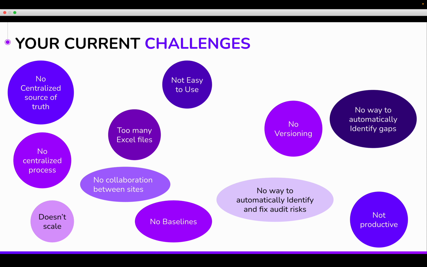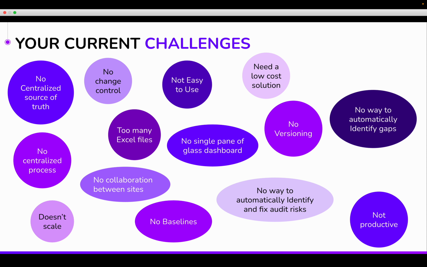You have a ton of documents and Excel files flying around. You don't have change control. For example, if you decide to change the process in a certain way, how do you ensure that all the sites have picked up the change and digested it? Again, you're looking for a low-cost solution. You need a single pane of glass dashboard. You don't have to look at 10 different places to know whether the audit is on track or at risk.